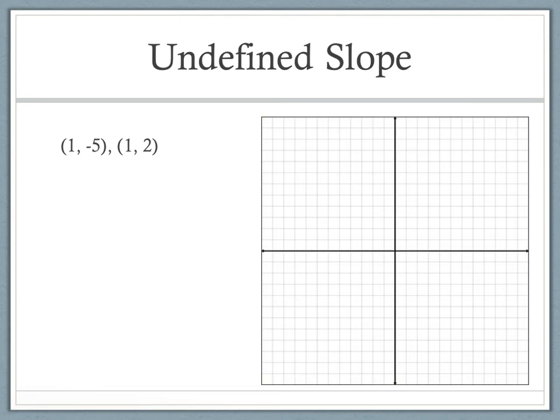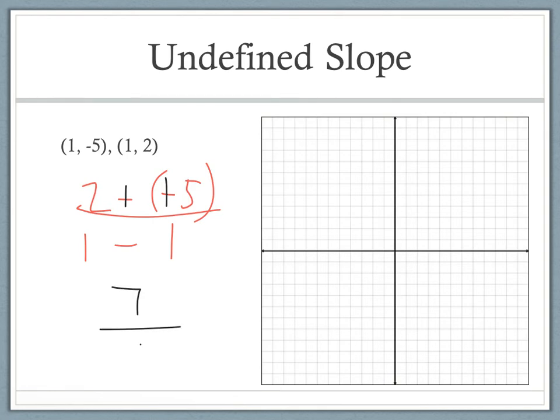Let's do another one. Let's try this one. So 2 minus negative 5, over 1 minus positive 1. This becomes 2 plus 5, which is 7, over 1 minus 1, which is 0. 7 over 0 is undefined.